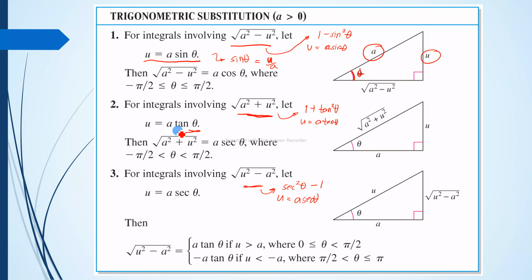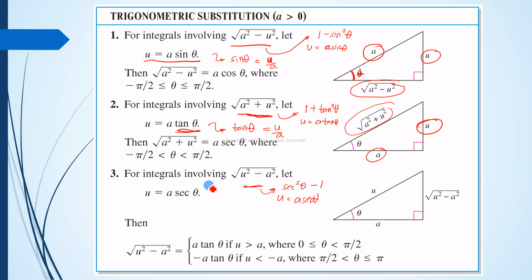Same thing applies here with our tangent. If we rewrite that, we'll have tangent theta equal to u over a, and that is just opposite over adjacent. So the opposite of theta is u, and the adjacent is a. And then we have our hypotenuse here. On this side, we also have the adjacent part, that is just the square root of the hypotenuse squared minus the square of the one leg.